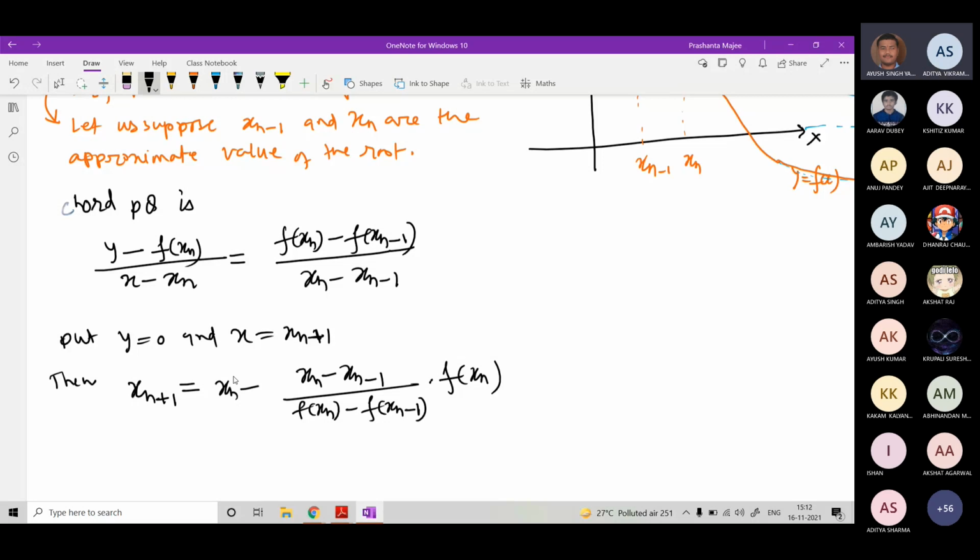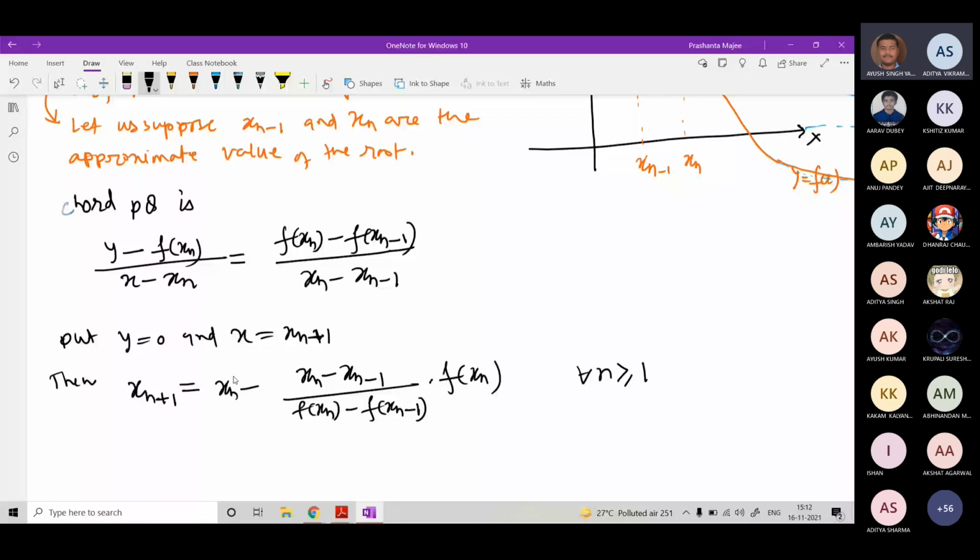Is this calculation correct? Yes, sir. So this is the next approximate root for all n greater than or equal to 1. So this is the formula.